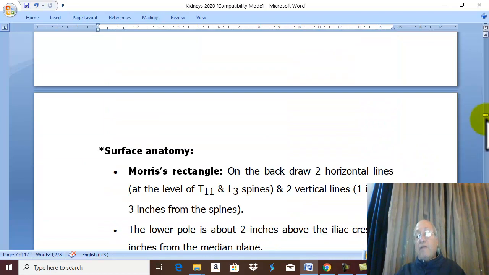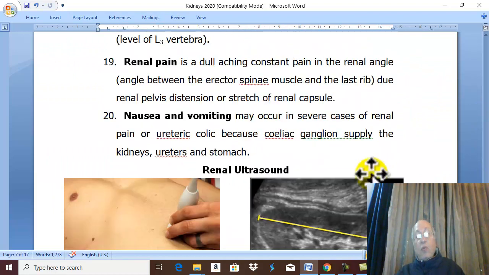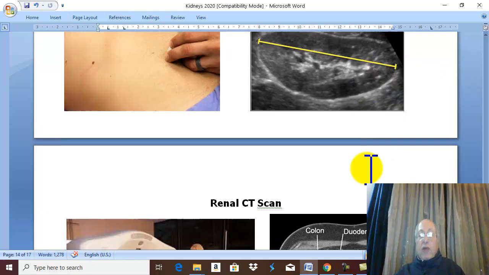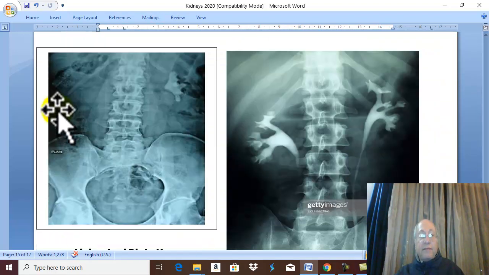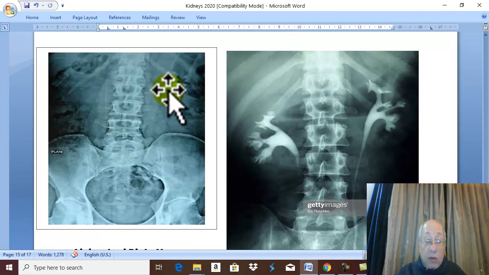Radiological visualization of the kidney: by what? First of all, and the most simple, is plain X-ray. Plain X-ray of the abdomen shows the bones and shows gases in the colon, and may show what is this?